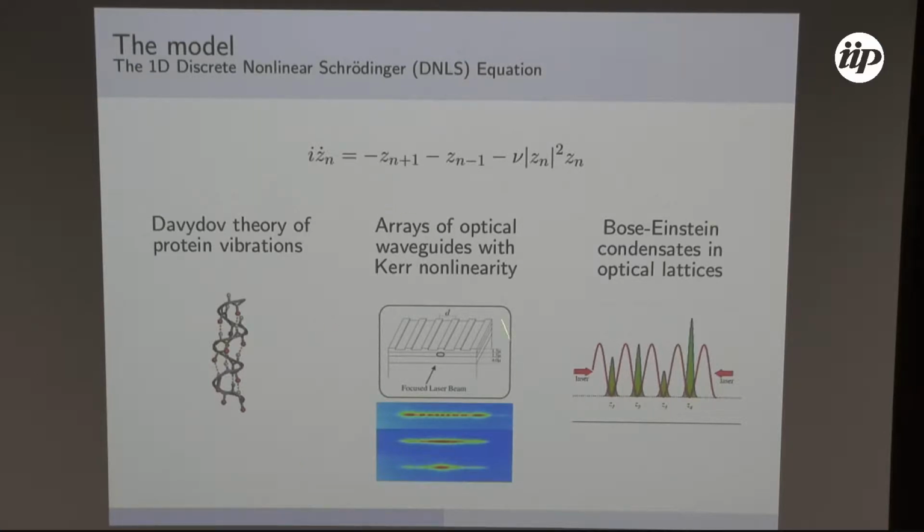The most important ones are in nonlinear optics, as this equation describes the evolution of light inside arrays of nonlinear coupled waveguides. Another important application is in cold atom physics, as this equation is related to the Gross-Pitaevskii equation, and it describes the evolution of Bose-Einstein condensates inside optical lattices.